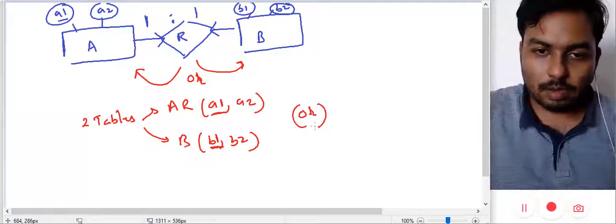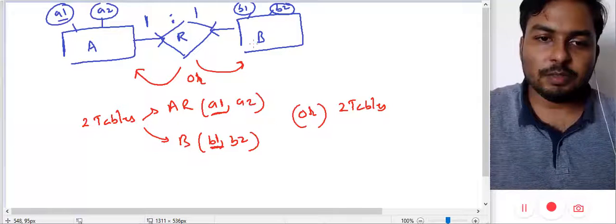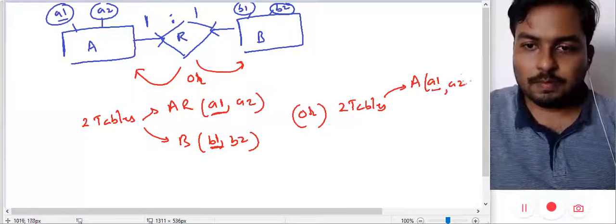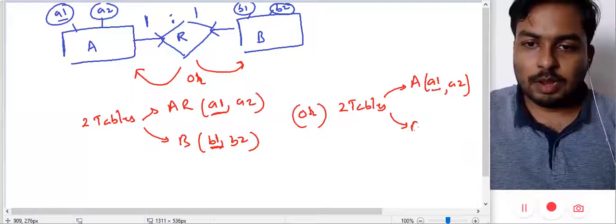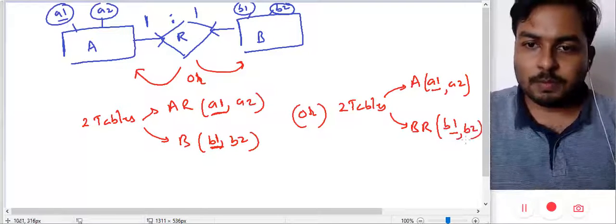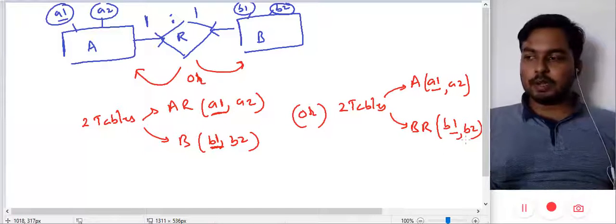Or you can club R with B: one table with A1 as the key and A2 as another column, and another one, BR, with B1, B2 as columns. Okay, note it down.